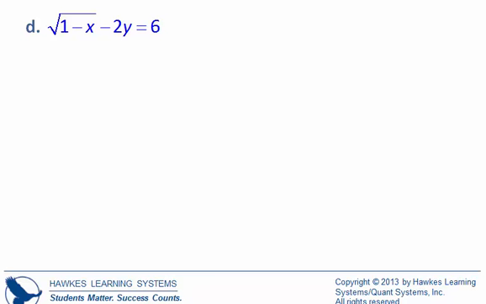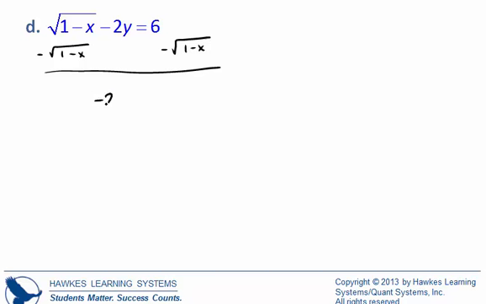Our last part, the square root of 1 minus x minus 2y is equal to 6. And so again, we will begin by solving for y. So I am going to subtract this square root first from both sides.